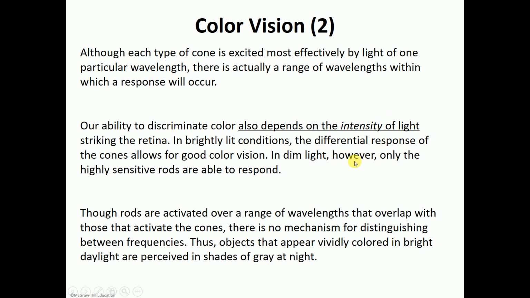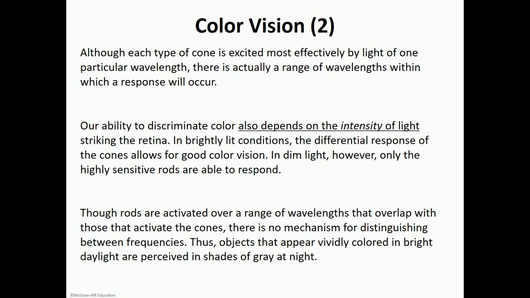So if you look at something in dim light and compare that same picture while looking at it in strong light, the colors are going to definitely be different. Okay, and that is because, again, in that stronger illumination, you are definitely increasing the amount of cones that are being stimulated.